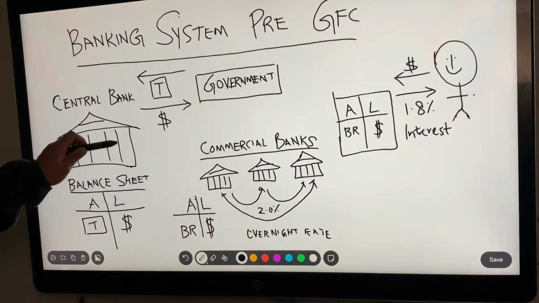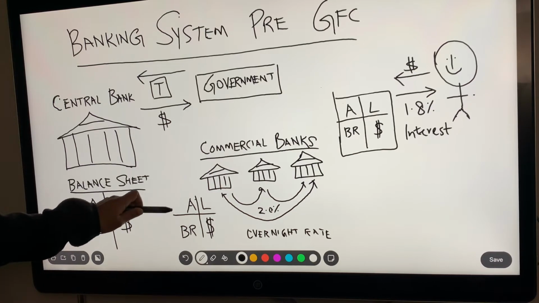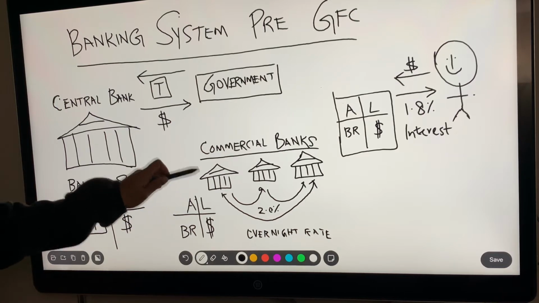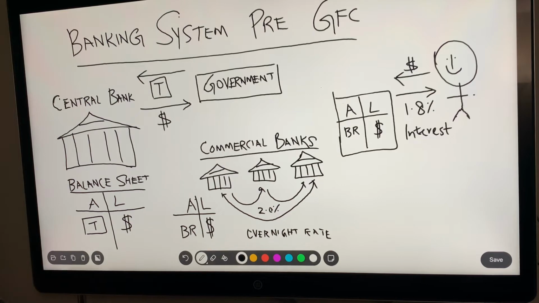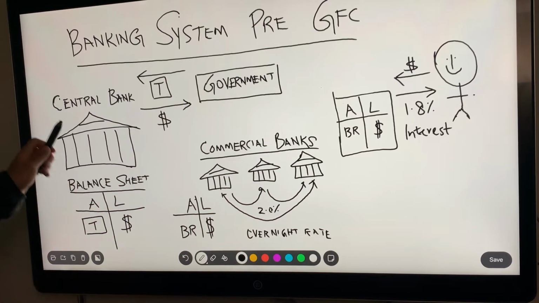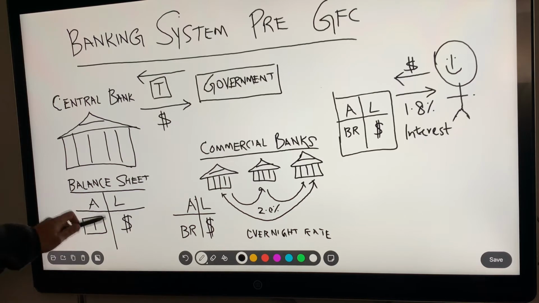Now, the way commercial banks work, they also have the balance sheet, assets and liabilities. Each commercial bank must maintain a limited amount of funding in their reserve account with the central bank. That's a part of the regulatory requirement that each commercial bank must maintain a limited amount of funds in their reserve account.